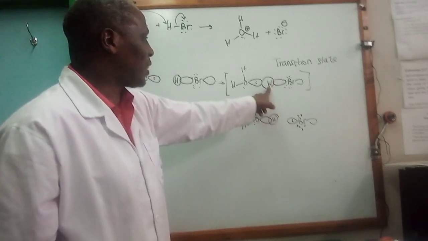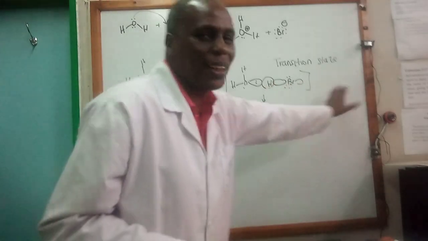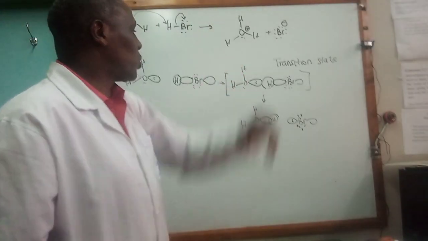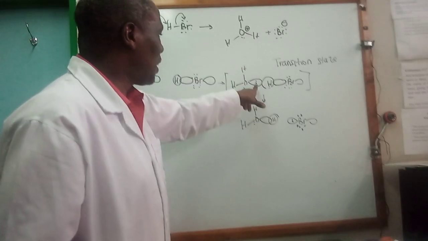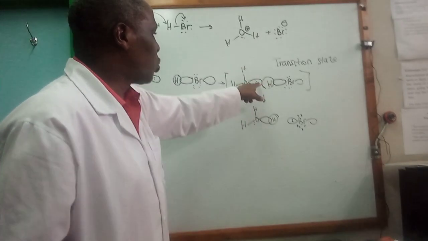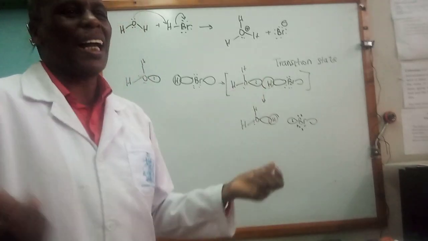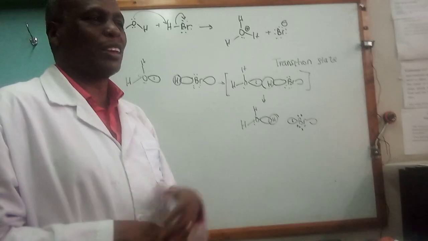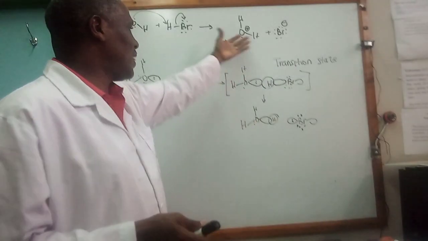Then the bond between the hydrogen and the bromine breaks, and the bromine moves away. This is the same as what you're showing here. Now the oxygen has used its lone pair to form the bond here, so as a result it's going to be deficient because it's used up its electrons.